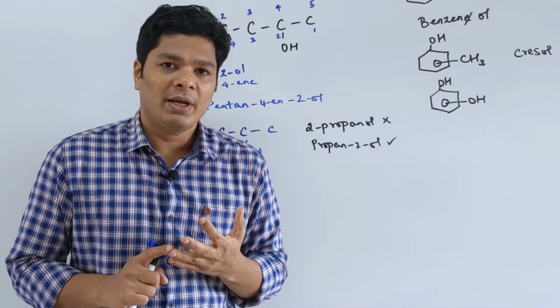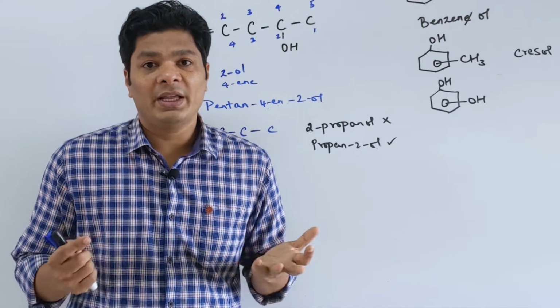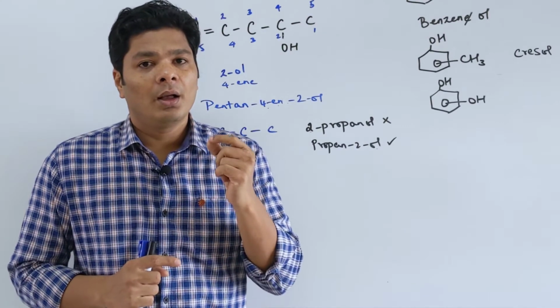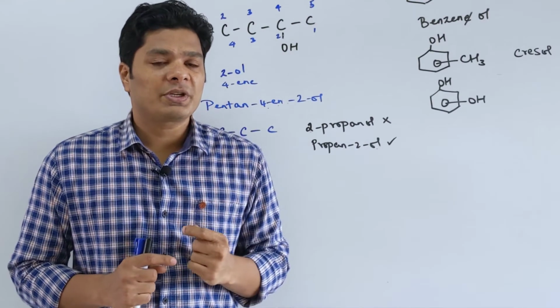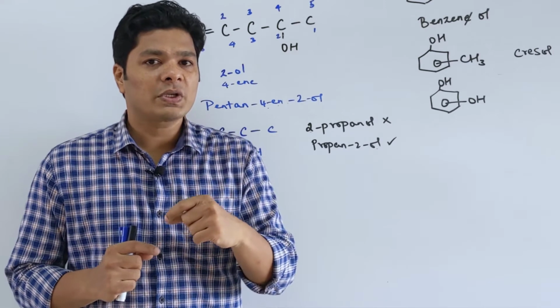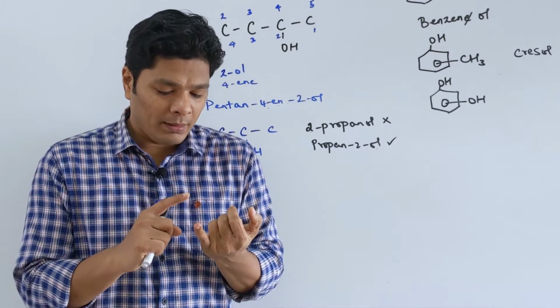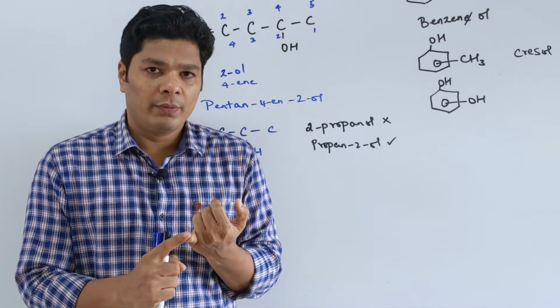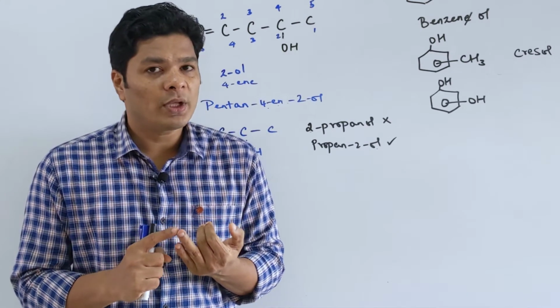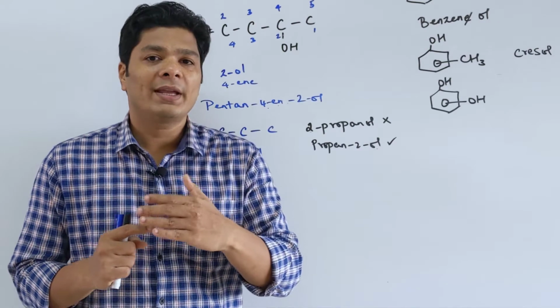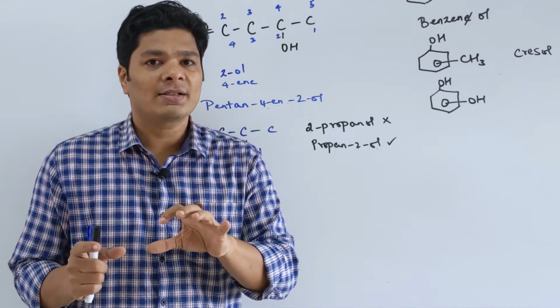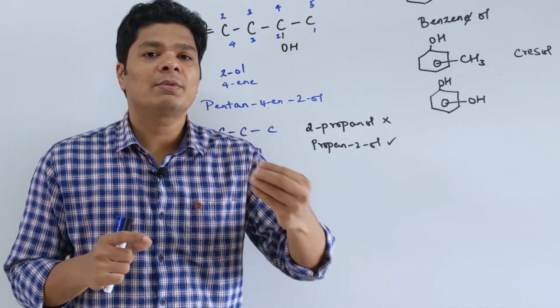The question can come as an IUPAC name itself, meaning it's one of the easiest questions, but sometimes it becomes the toughest question because the other options are something where people are more prone to make mistakes. So you have to be very careful with those. The second time when you need to know IUPAC naming is when the reaction is not printed as molecules but is given in terms of names.